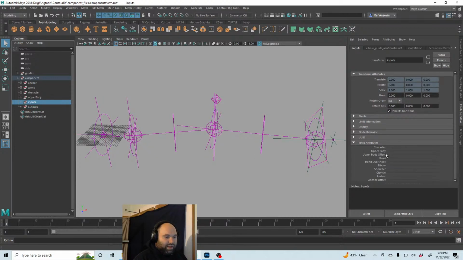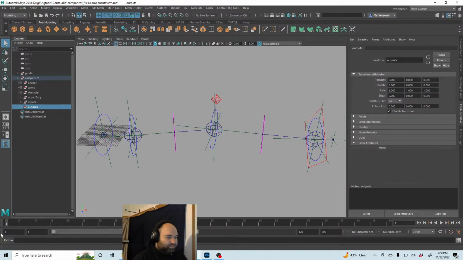So that corresponds to our input. So we need also elbow, shoulder, and clavicle. All right.